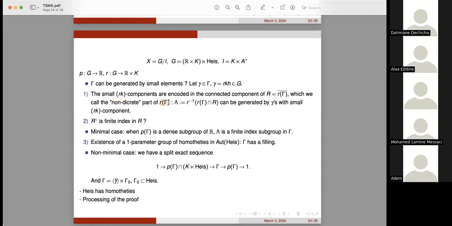In fact, the elements of gamma which project in the connected component of R are exactly the subgroup of gamma which can be generated by elements that have small RK component.